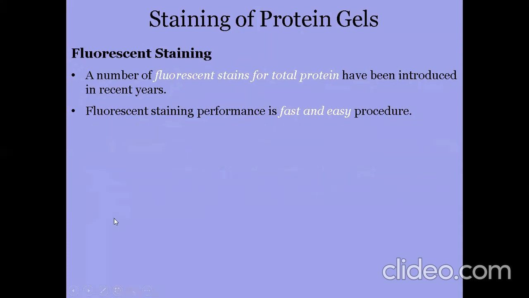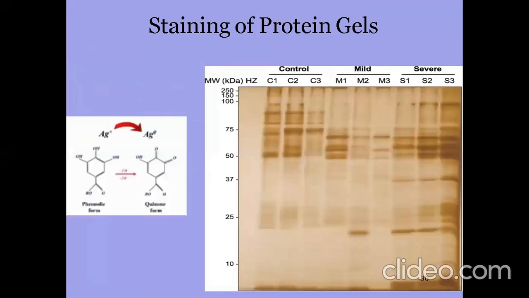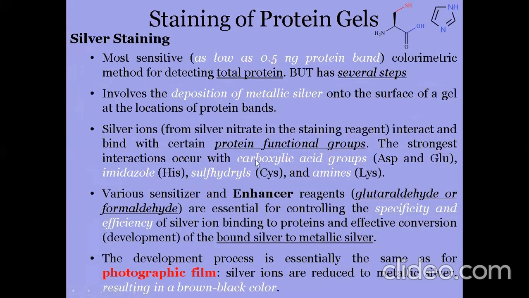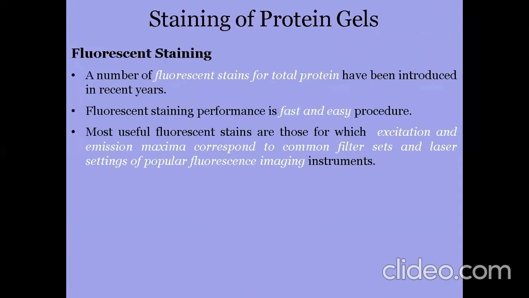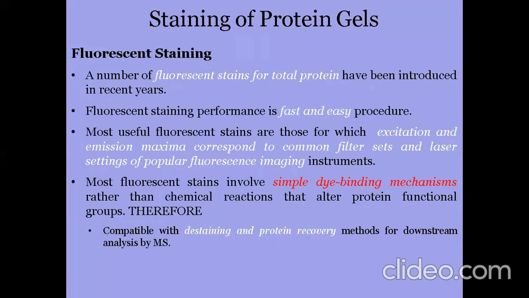If you observe the silver stain, it binds with the functional groups, so they make changes. But in fluorescence staining, it follows a simple dye binding mechanism, just like Coomassie brilliant blue, and is therefore compatible with destaining.